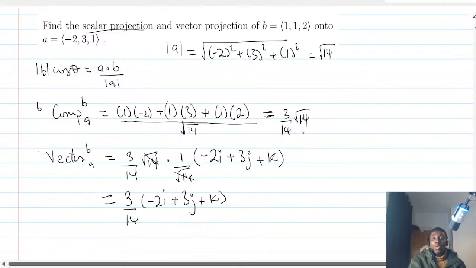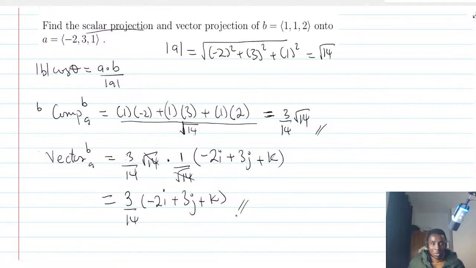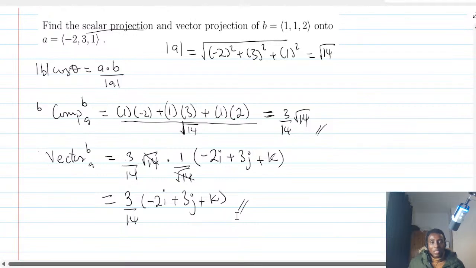So what do you observe here? For the scalar projection we got a value which is a scalar, but for the vector projection we get a vector. That is the difference.